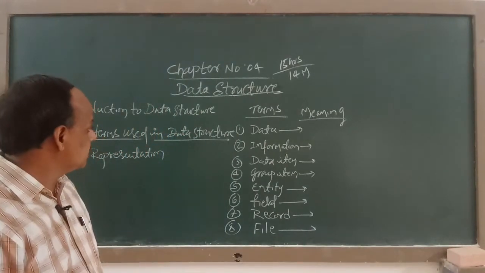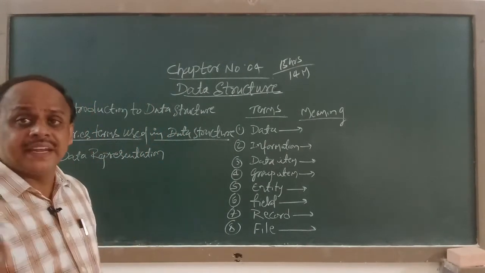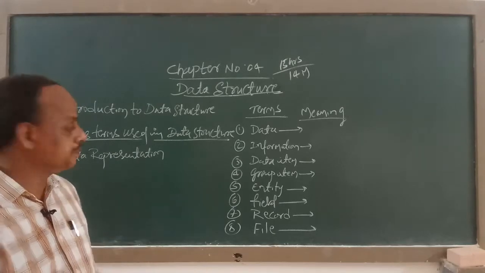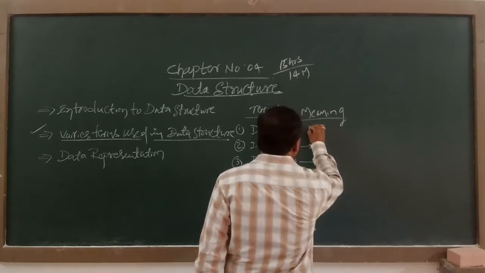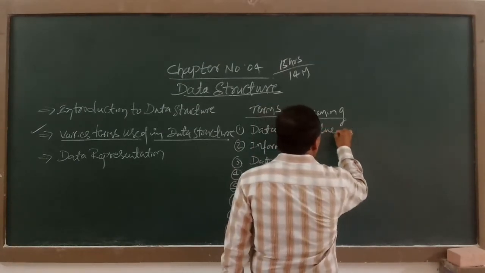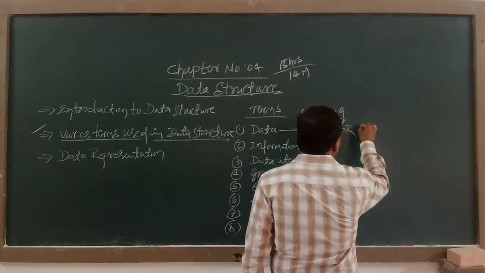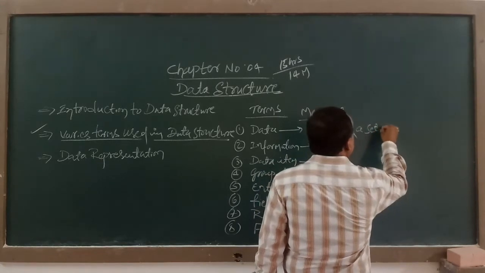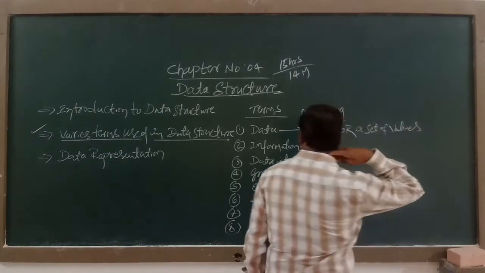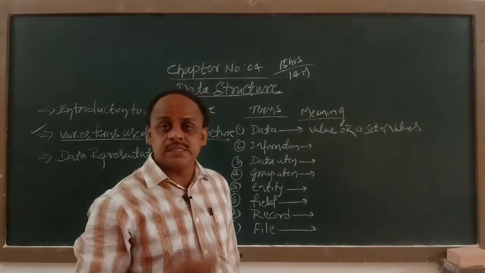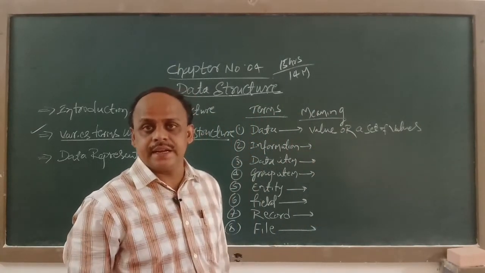Now, let us see the meaning of each term. First one is data. Data is nothing but a value or a set of values. A value or set of values is called data.